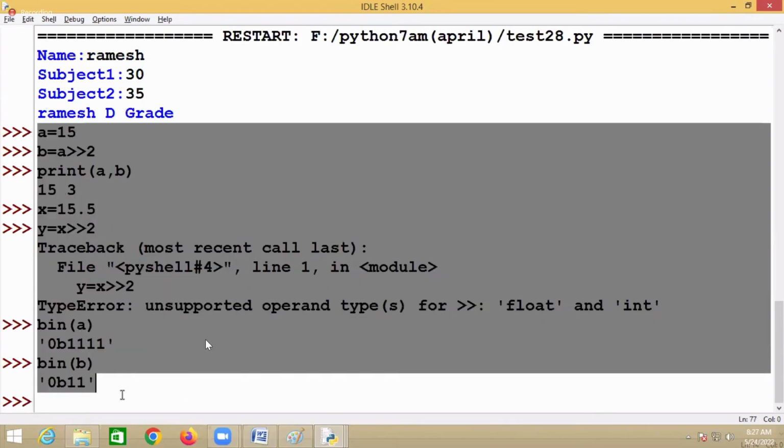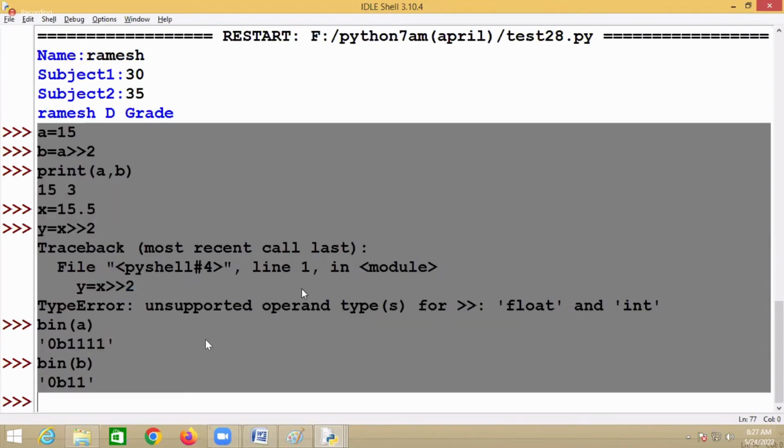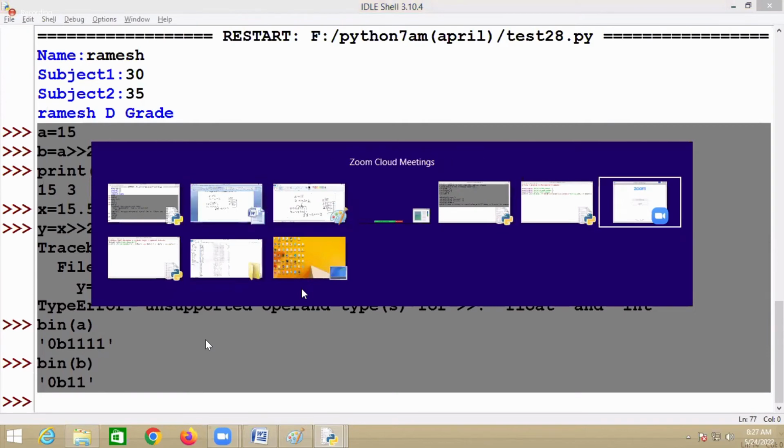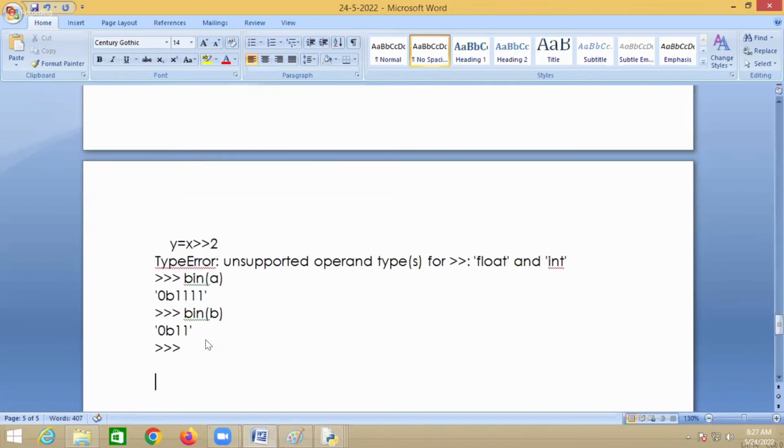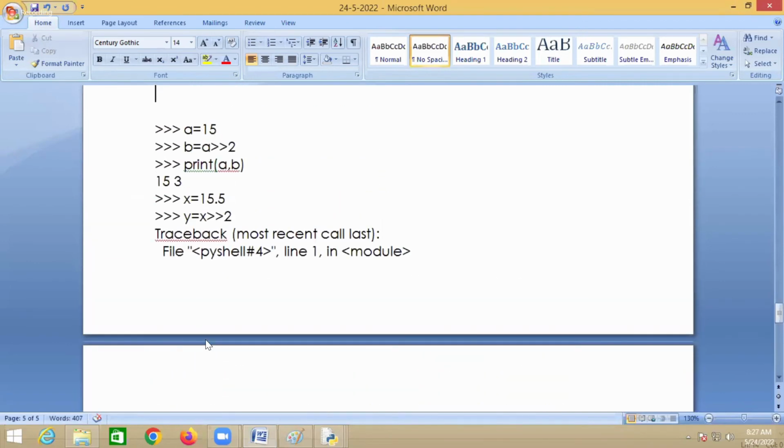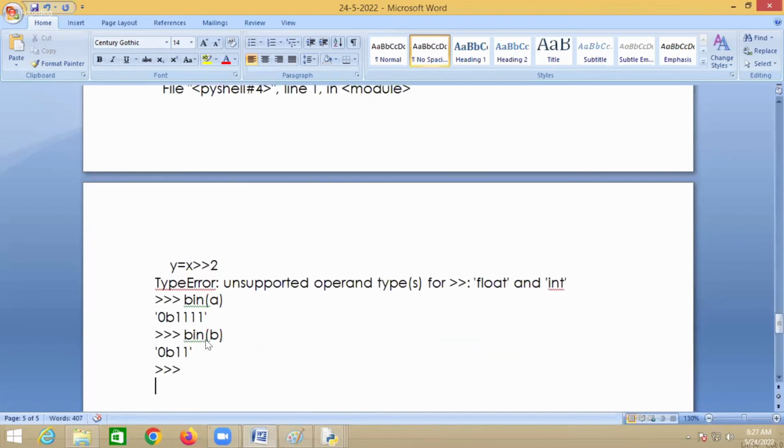But this is applied only on integer data types. You cannot apply it to any other data types. Whenever you shift the bits towards the right side, the value gets decremented.